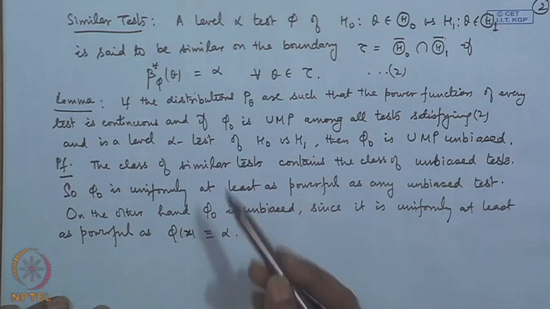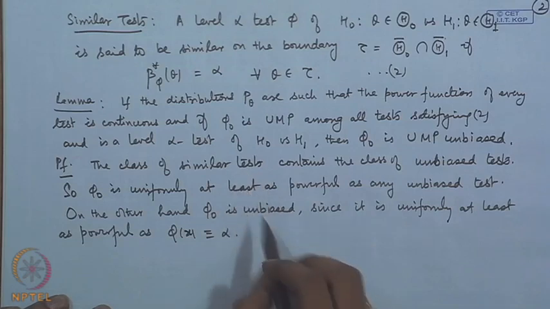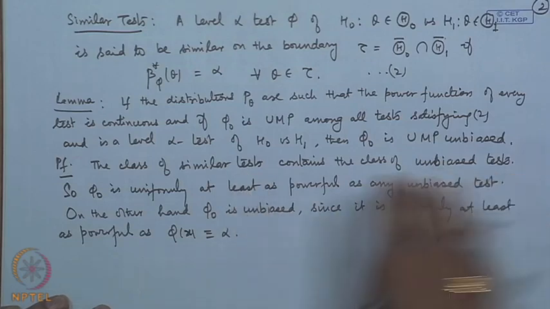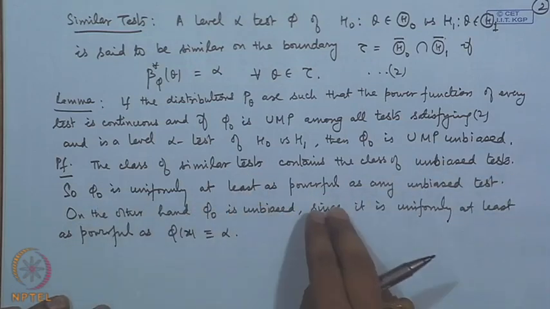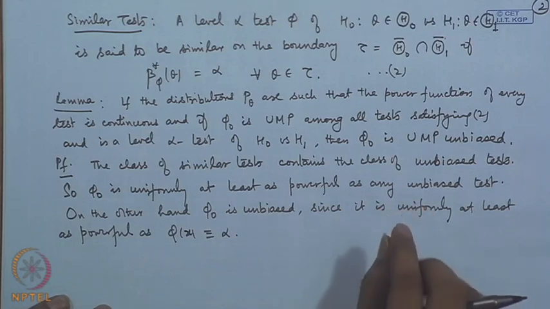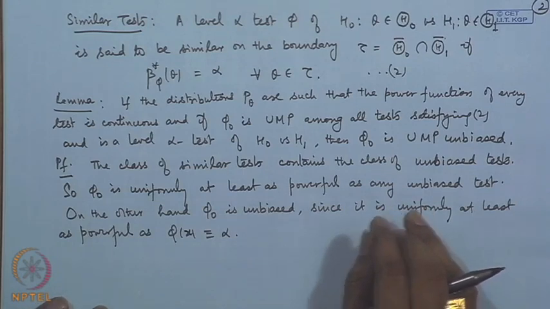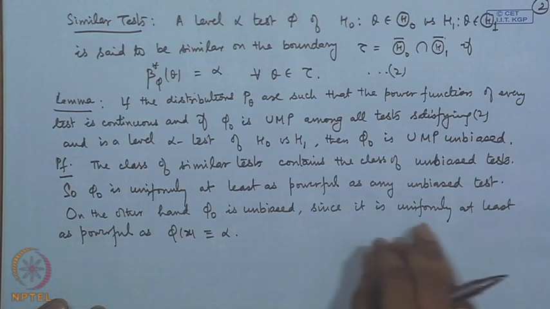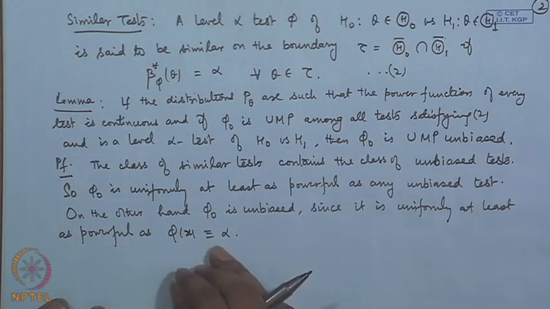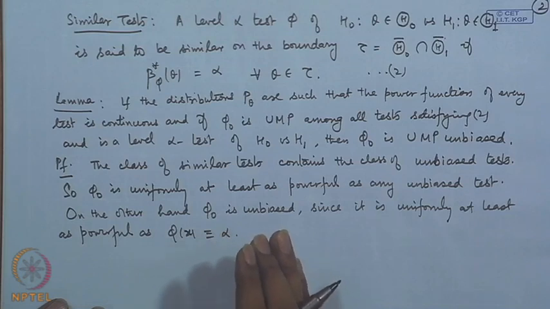So, this proves that it is a UMP unbiased test. This class of similar tests contains the class of unbiased tests. So, phi naught is uniformly at least as powerful as any unbiased test. On the other hand, phi naught is unbiased since it is uniformly at least as powerful as phi x equal to alpha. Therefore, phi naught will be UMP unbiased.